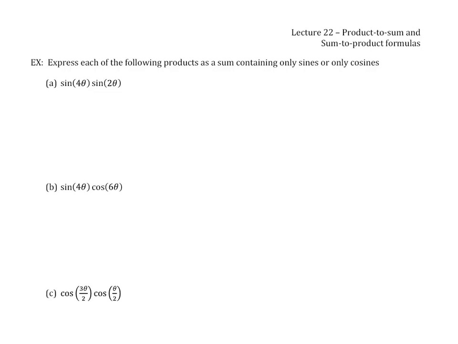We are asked to express the following products as a sum, which contains only sines or cosines. For this one, we recall that sine of alpha sine of beta is 1/2 of the cosine of alpha minus beta minus cosine of alpha plus beta. To apply this, I simply recognize that my 4 theta is going to be my alpha and my 2 theta is going to be my beta.